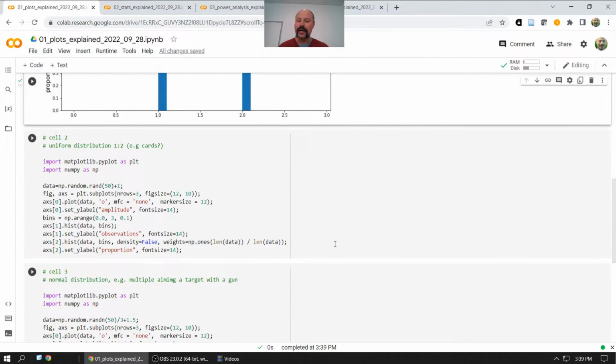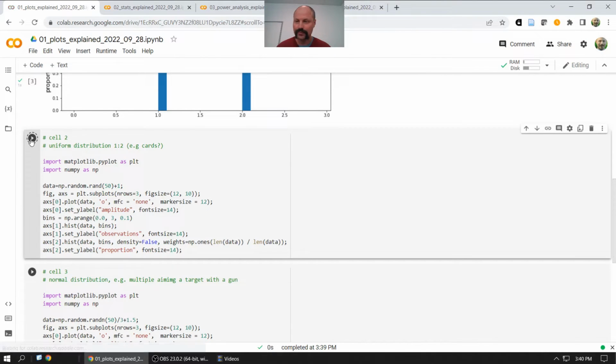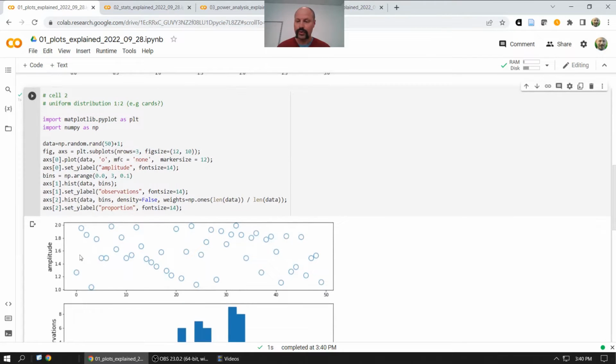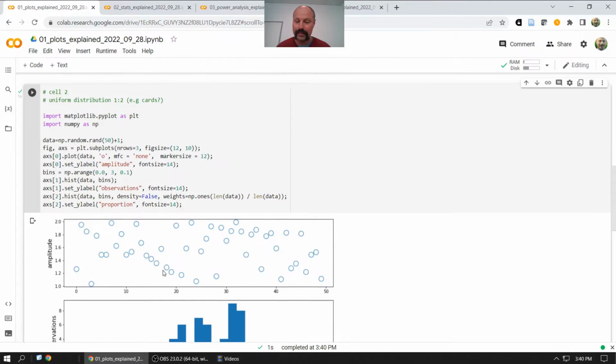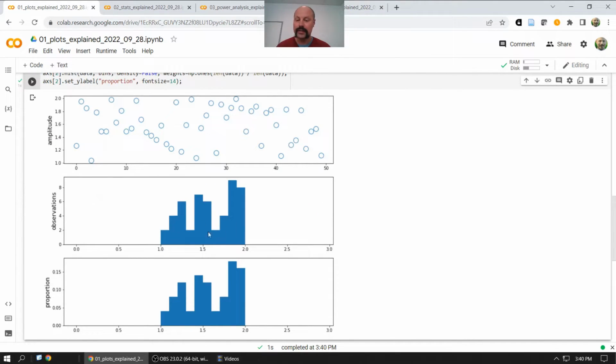Now we will look at a different type of distribution, which is a uniform distribution. Well, the previous one is also uniform, but with just two options. Now we have a number of different values ranging from 1 to 2. You see that it can be almost anything between the two extremes, and the chances are not precisely the same, but randomly varying between the extremes.